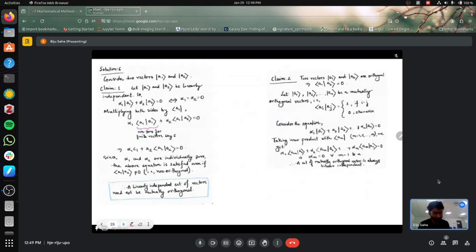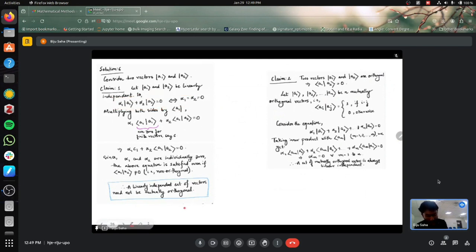This is what I started with. I started with two linearly independent vectors, a1 and a2. That immediately means this particular expression. Since we are trying to find whether they have to be mutually orthogonal or not, we need a scalar product.